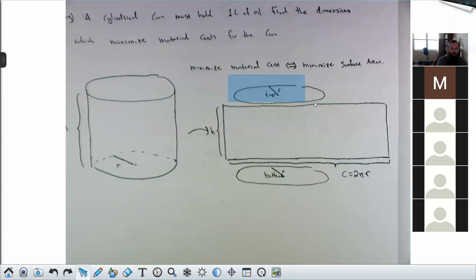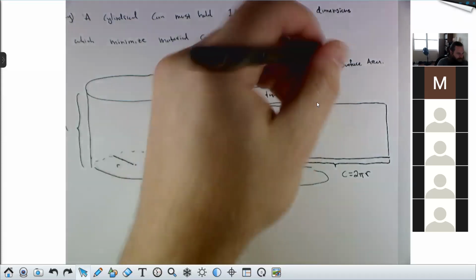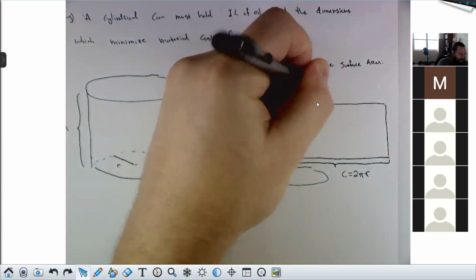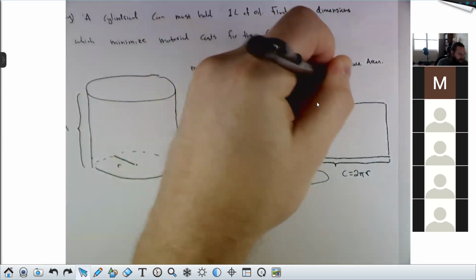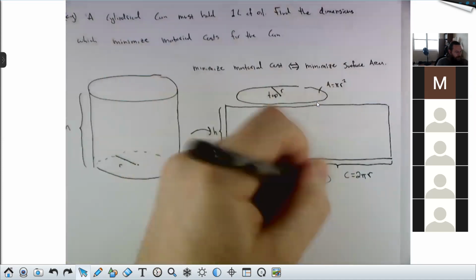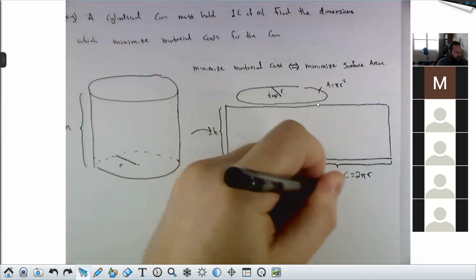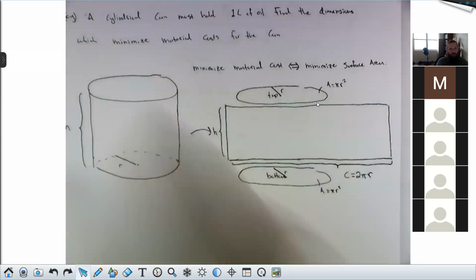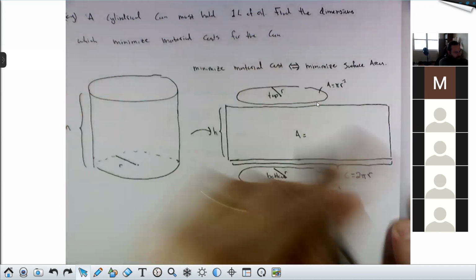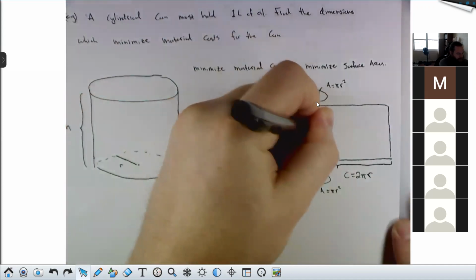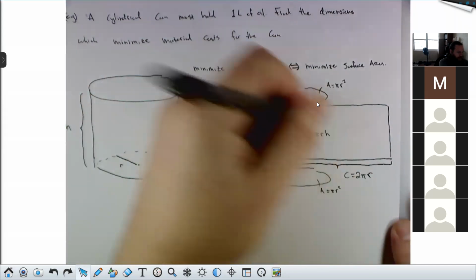So each of these circles has area pi r squared, because they're circles. The area of a circle is pi r squared. And this guy has area height times circumference, which is 2 pi r times the height.